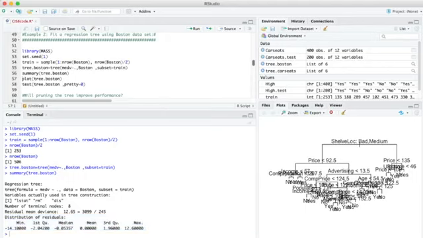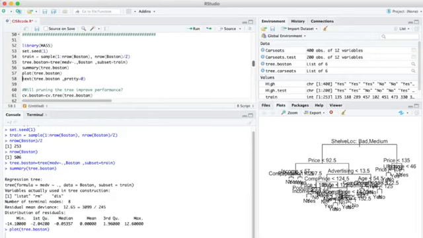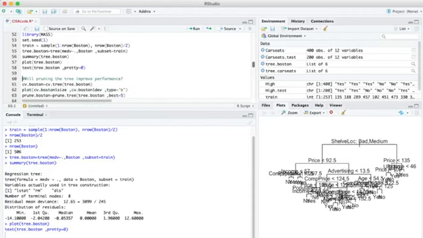And again, we can use the plot function to just show how the tree looks. And then I'm not sure why it is not really working. So there's something wrong with my computer.